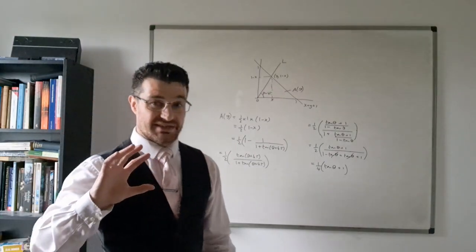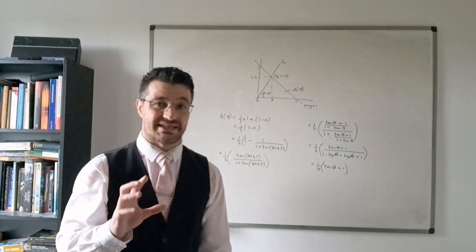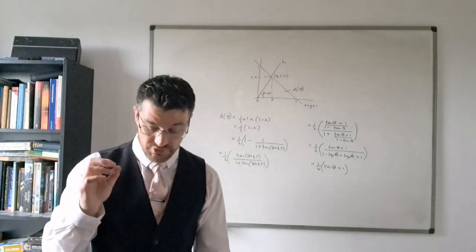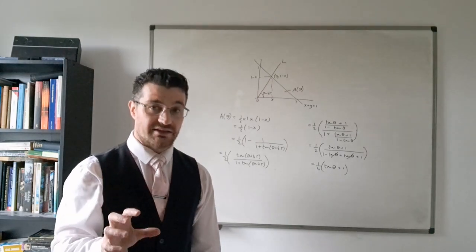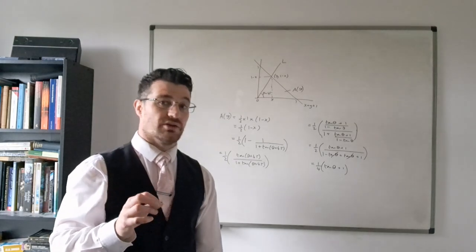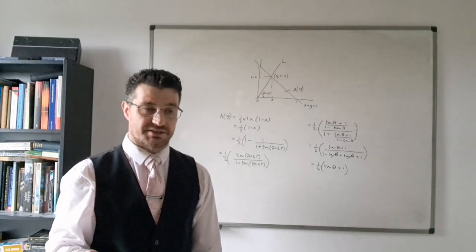Now, this idea of simplification is something that a lot of people really resist at A level and GCSE as well, but very much at A level. A question that I'll often get is, oh, if I don't simplify, will I still get my marks?